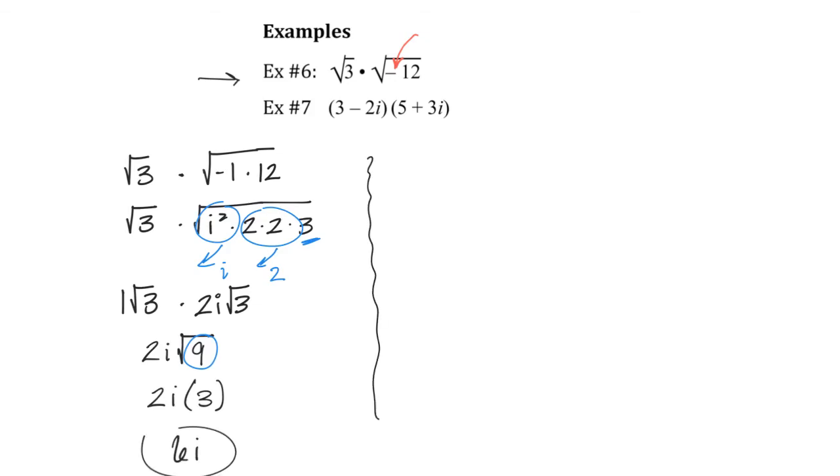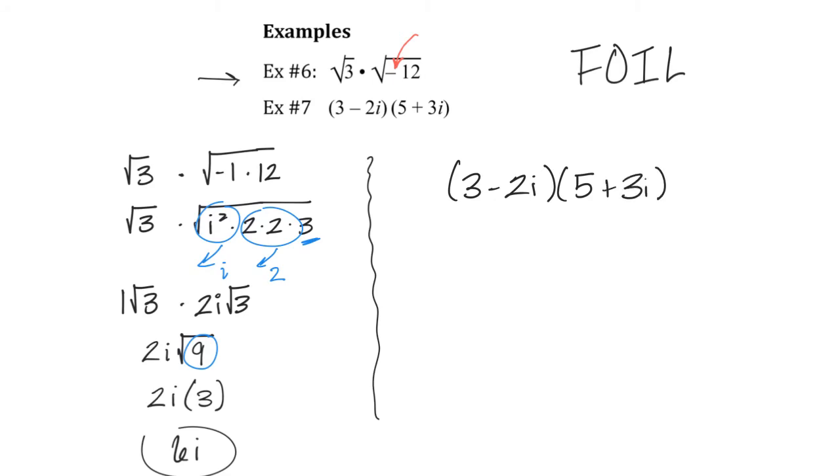All right, the next one, you're actually multiplying complex numbers. Whereas in that first one, that example 6, those were multiplying radicals. So when you're multiplying 2 complex numbers, you actually have to use that FOIL acronym, which is first, outer, inner, last.